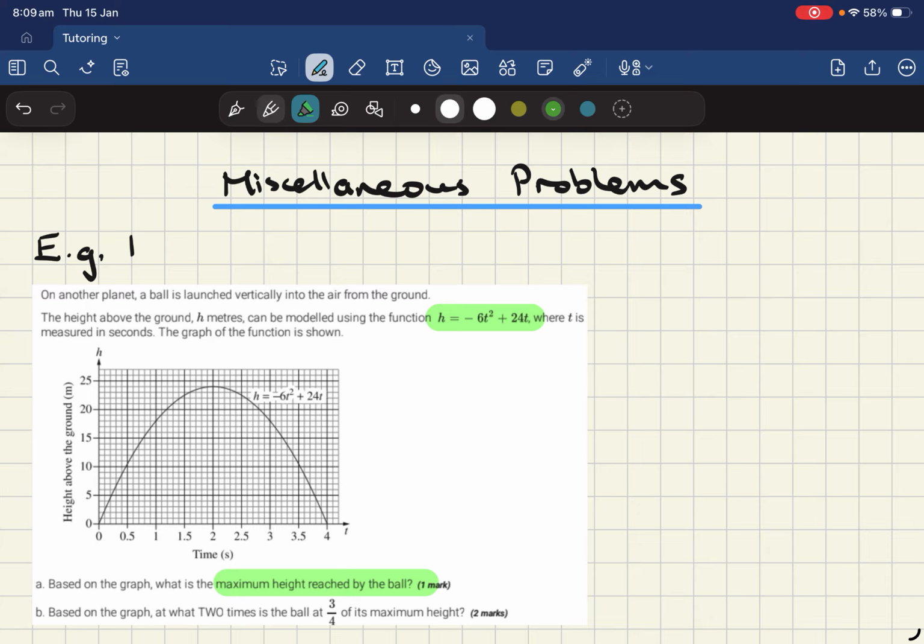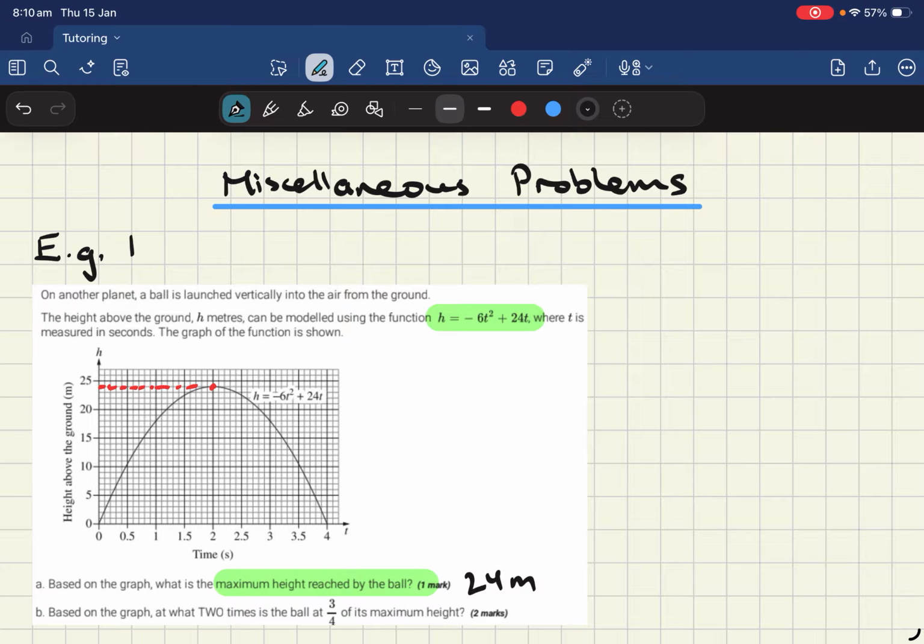Because the coefficient of your t squared is negative, this parabola is going to have a maximum turning point. We can see that this occurs about here, and if you line it up, it lines up with 24 meters. So here, the maximum height reached by the ball is 24 meters.